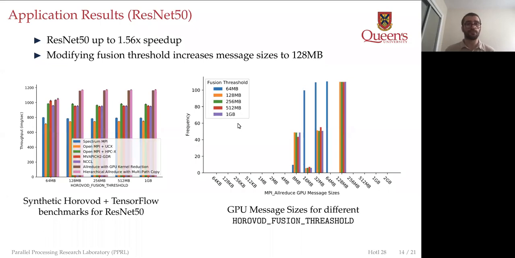So you can see from increasing from 64 megabytes to 128 megabytes, we got a little bit extra in our throughput results. And we can see how the message sizes increased as we played with this value. So we noticed the correlation between this Horovod framework tuning value and MPI Allreduce message sizes.